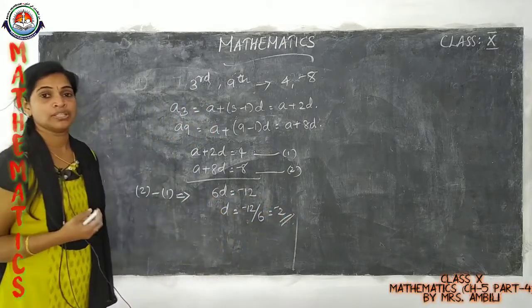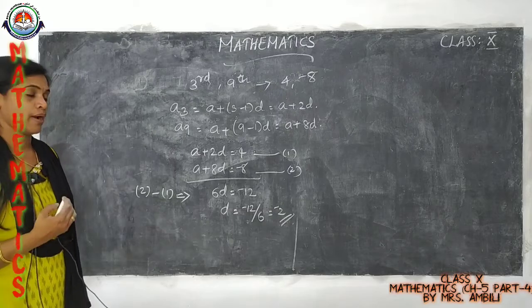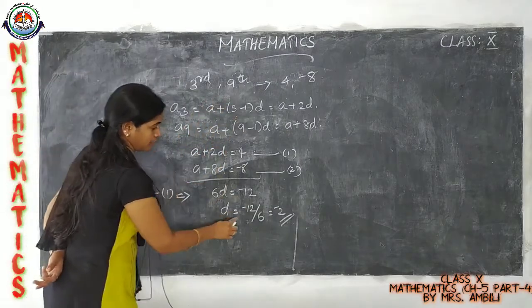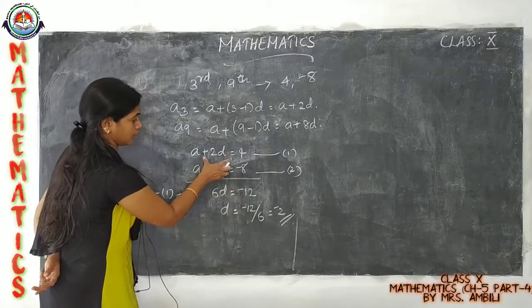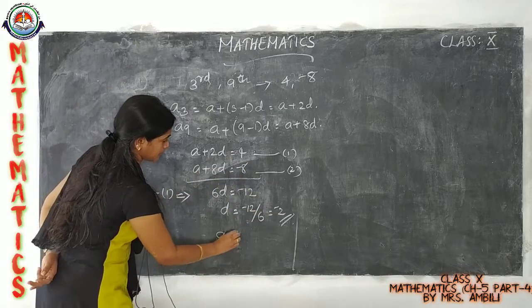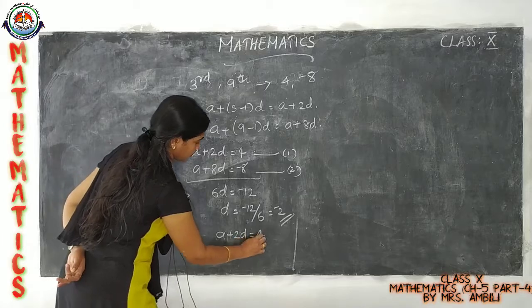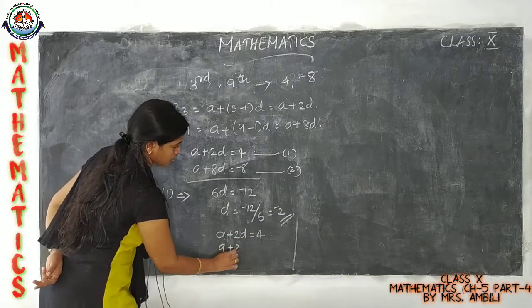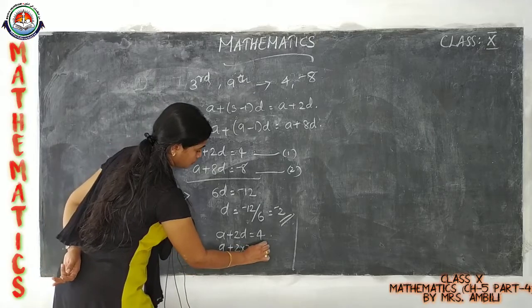So now we got the value of d equal to minus 2. Then we can find out the value of a. If d equal to minus 2, substitute in equation 1, that is a plus 2d equal to 4. So what is d? Minus 2. a plus 2 into minus 2 equal to 4.